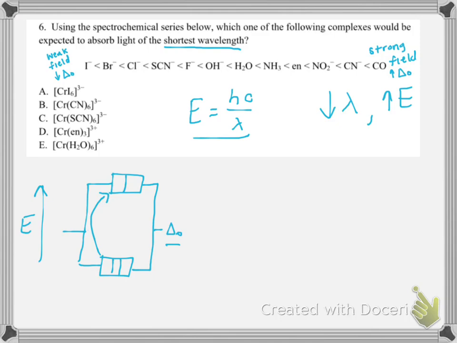Okay. So we want to pick something that's furthest on the right in our series, because that would give us the biggest energy, we'll have the biggest delta, smallest wavelength.